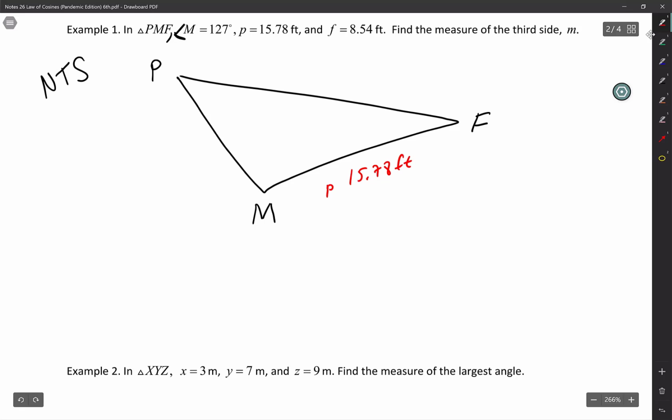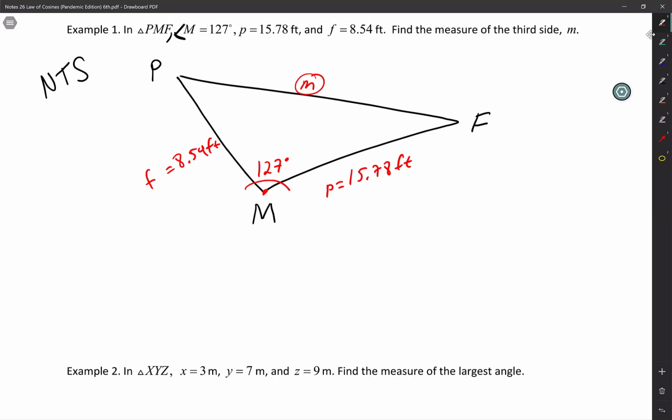Point F creates little f, so this is 8.54 feet. And point M creates little m, which we did not know. We know that angle M is 127 degrees. Perfect. We have everything we need. You have the two sides that meet up at M, and since we're looking for little m, I got everything, guys.